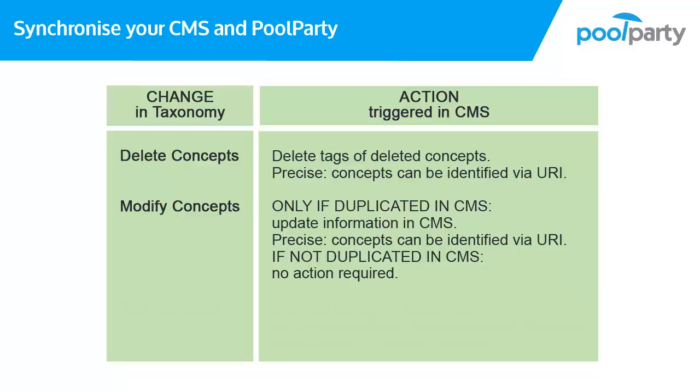If labels are stored within the CMS, then the labels should be updated if they have been changed in the taxonomy. Since the concepts can be identified uniquely via their URI, this can be a very precise action. The same principle applies to changes of relations or other information in your taxonomy. This will only need to be synchronized if any of this information is duplicated in your CMS.